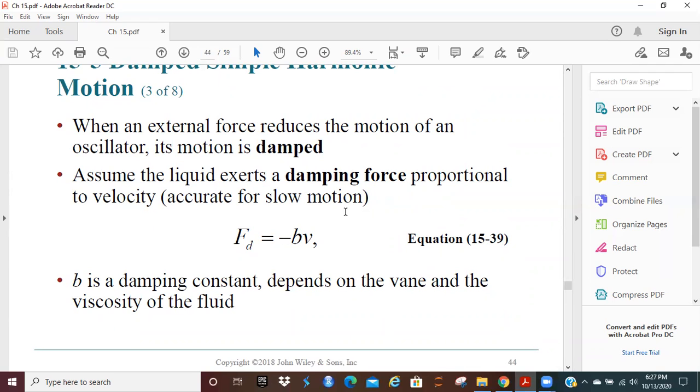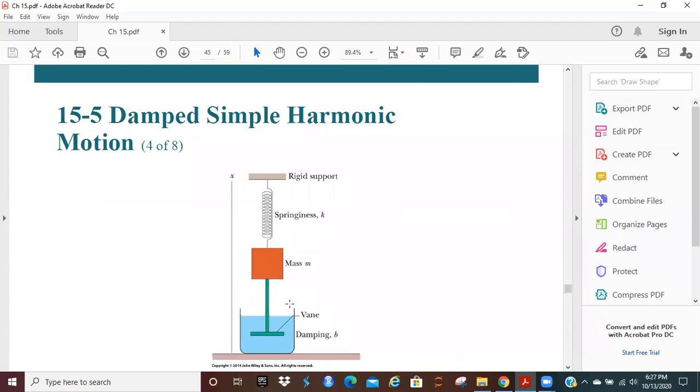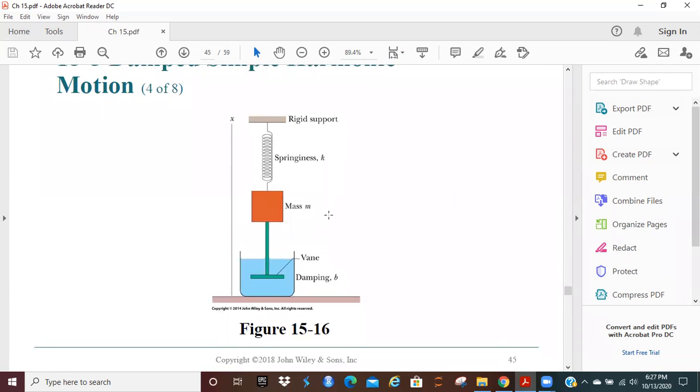And this can be shown to be accurate for slow motion. This b is going to be the damping constant, and it depends on the vane and the viscosity of the fluid. So we've got the spring, we've got the mass, and we've got the vane, and we've got the damping.